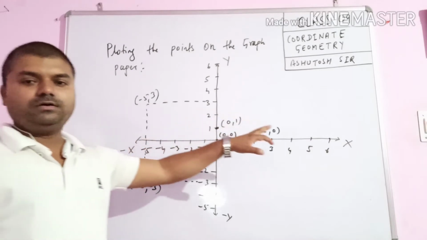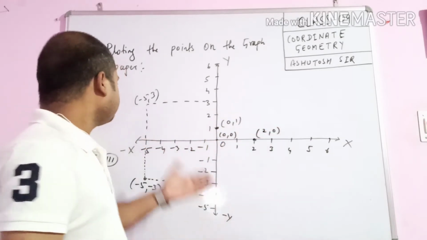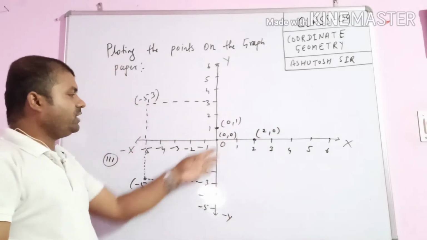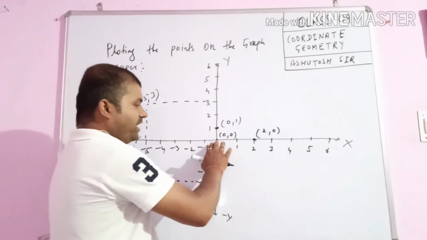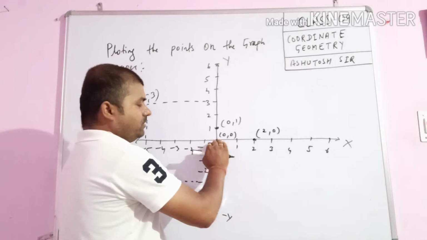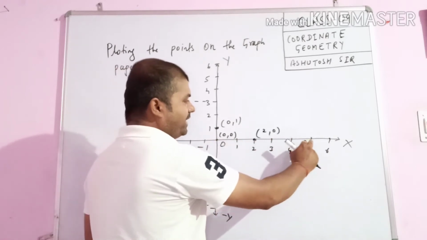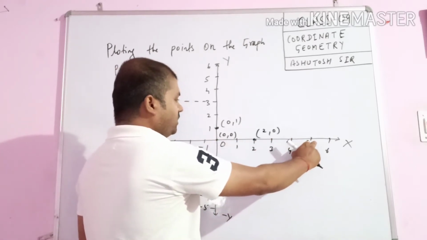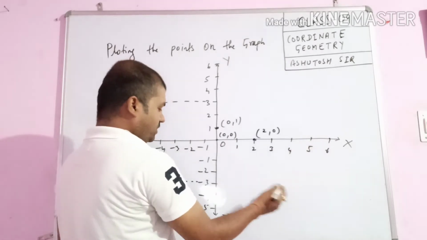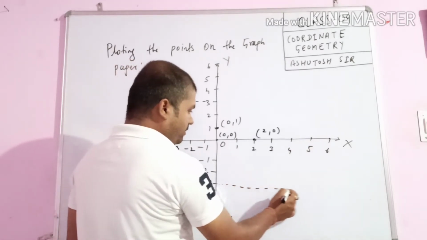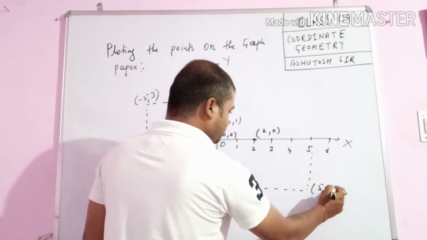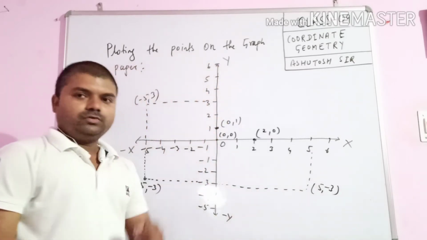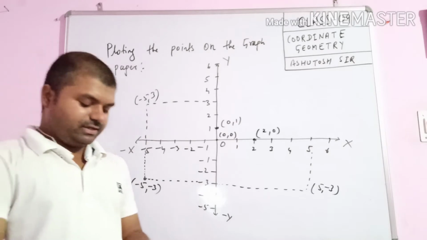If we plot on the same graph a different question like 5, minus 3, the distance on the x-axis is 5 and on the y-axis is minus 3. Then the point is here.